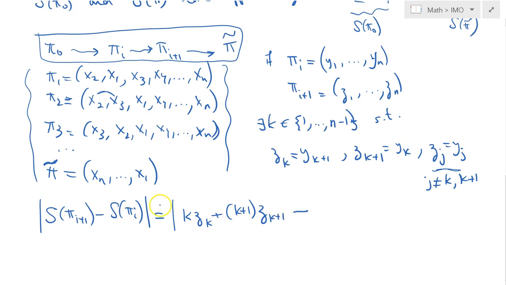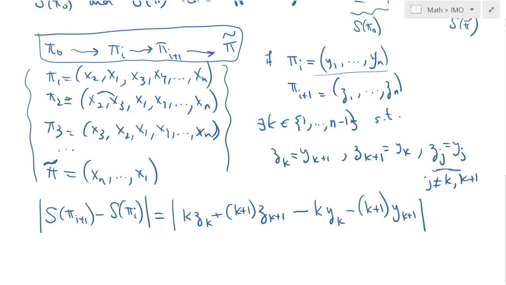minus pi I, so we define this one here with these, so it would be minus k times y sub k minus k plus 1 times y sub k plus 1.